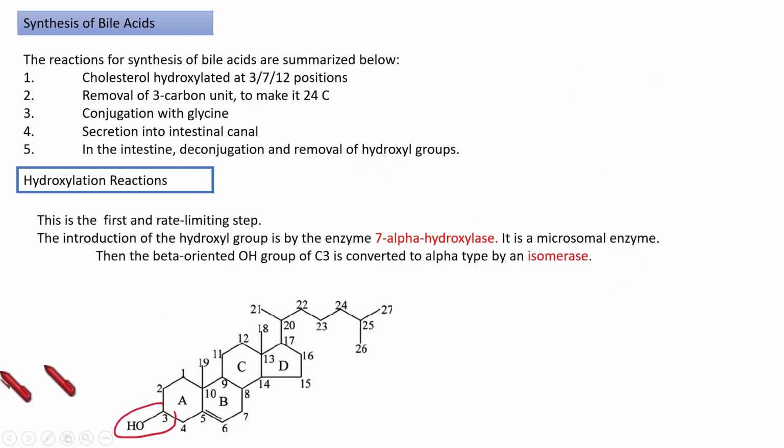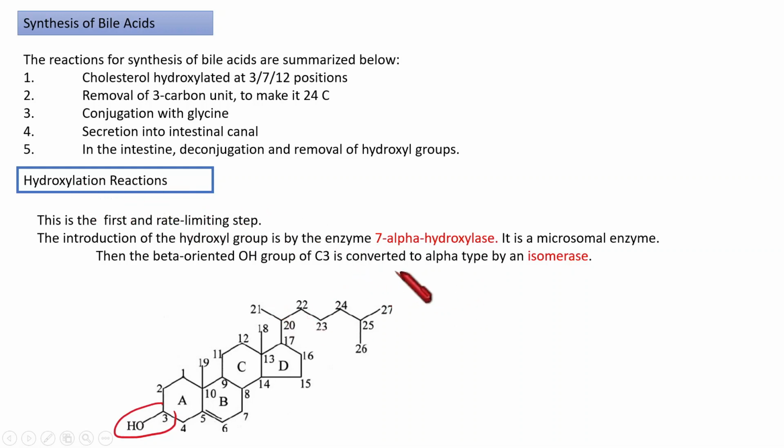And that OH group is beta oriented, because how can we understand that this is beta oriented? Because it is represented by a solid line. If it is alpha, then it will be represented by a dotted line. So here this beta oriented OH group present on C3 is converted to alpha type during this hydroxylation reaction.